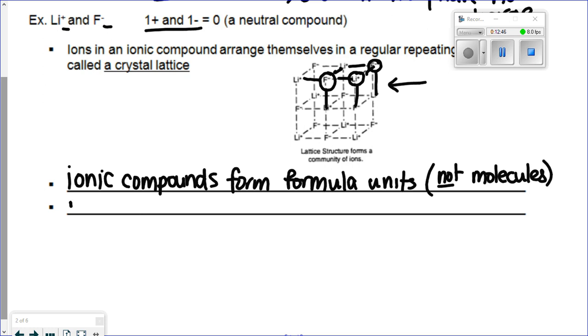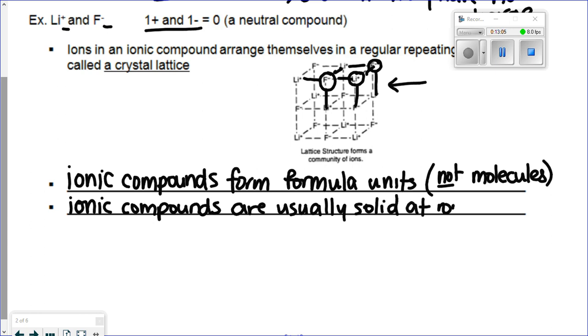Ionic compounds are usually solid at room temperature. I'm going to add another one here.